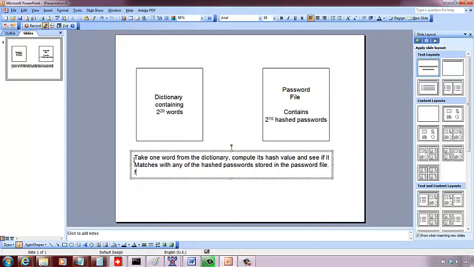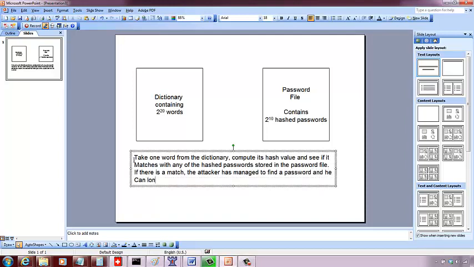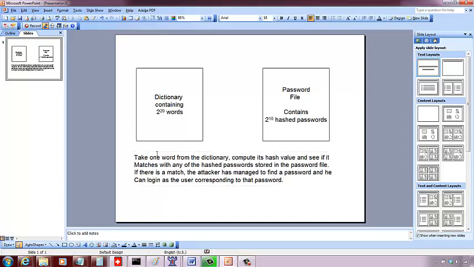If there is a match, we are done, or the attacker has managed to find a password and he can log in as the user corresponding to that password. So we are interested in finding the number of hash computations it takes on average to do that.